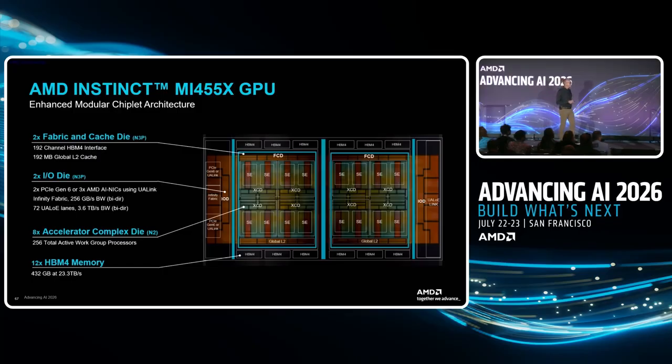In addition to these core chips, I do want to mention one other thing, and I'll go into this in the cache and memory system in a little bit. We've reorganized our cache hierarchy in CDNA5. What was an L2 cache in the XCD in the previous generations has now been removed and repartitioned from the XCD chiplet into the FCD.